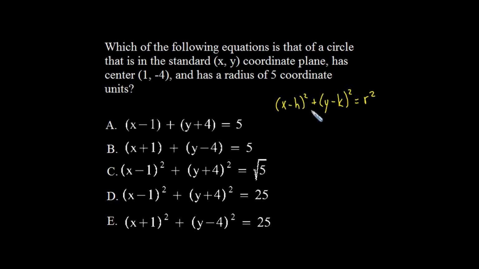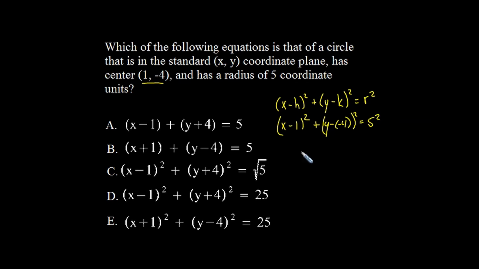So you can just plug into the formula for the equation, and the tricky part here is to remember that from the center we will be going -1 and minus a -4. So it always appears opposite of what our center is in the equation. So you can see that it ends up being (x - 1)^2 + (y + 4)^2, and this ends up being 5^2.